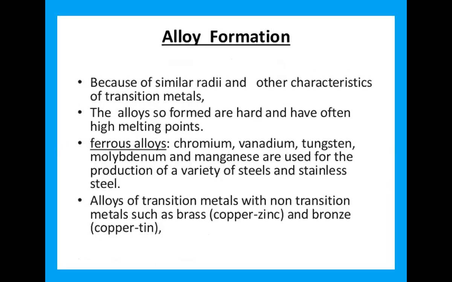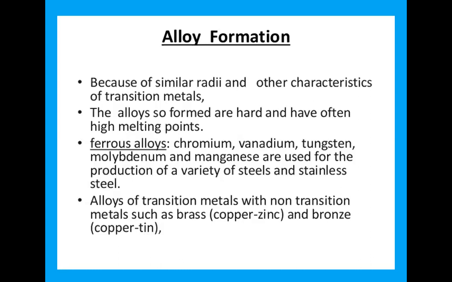The next very important character of d block elements is that they are also capable of forming alloys. To form an alloy, there is one very important condition: the two metals participating in alloy formation should have similar atomic radii, differing by not more than 15%.